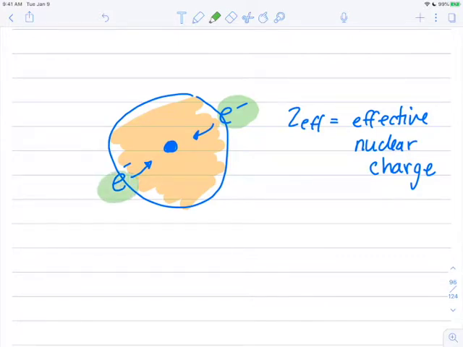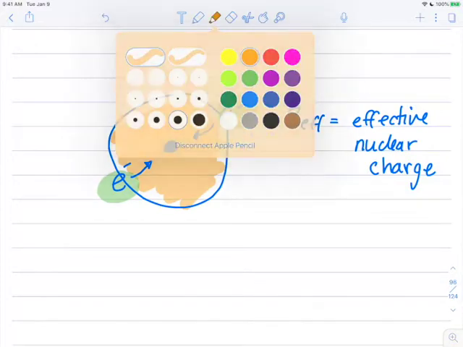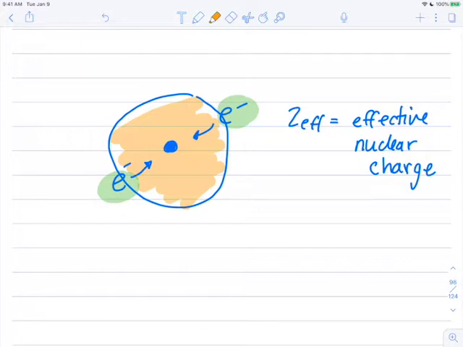So the electrons don't feel the entire power of the nucleus, and that's because we have something called the shielding effect. So there are some inner electrons that act as a shield. They kind of protect those electrons on the outside. And so the Z effective, again, is how much of the nucleus do those outer electrons actually feel.